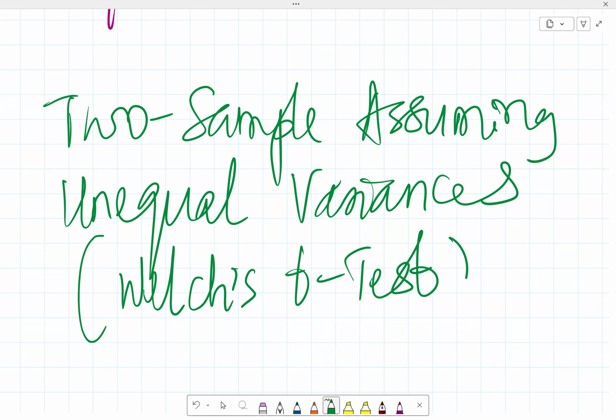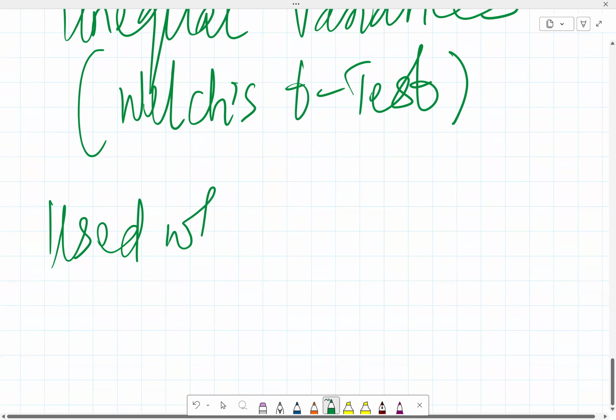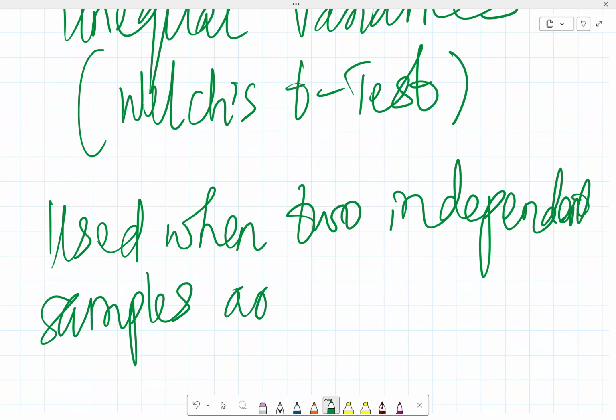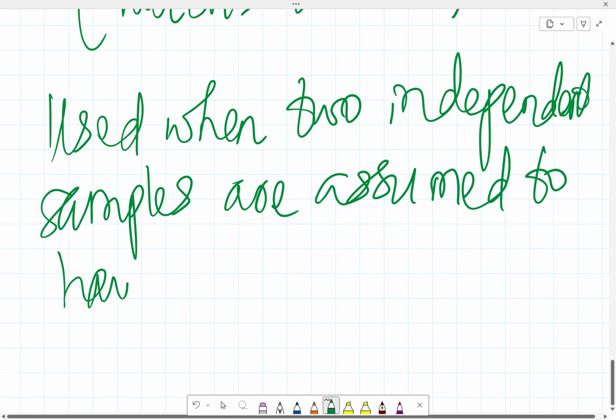So this is used when two independent samples are assumed to have different variances.